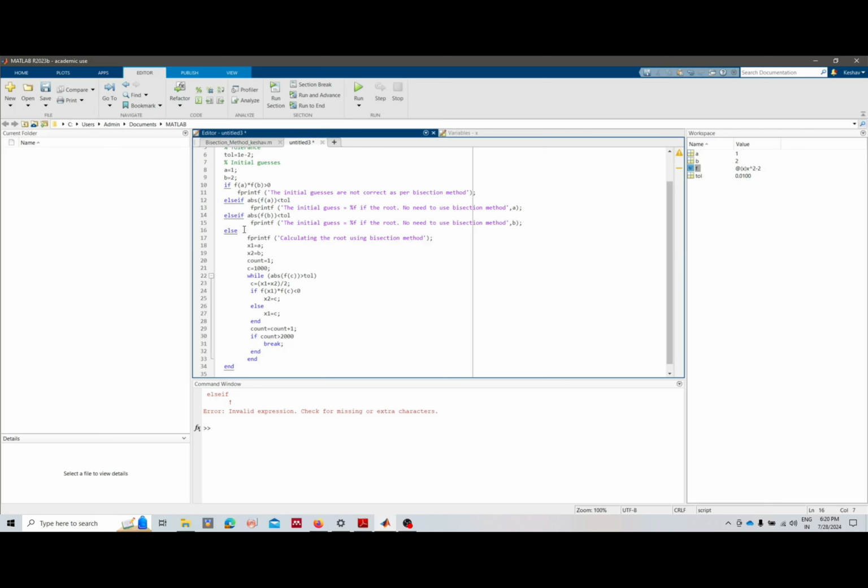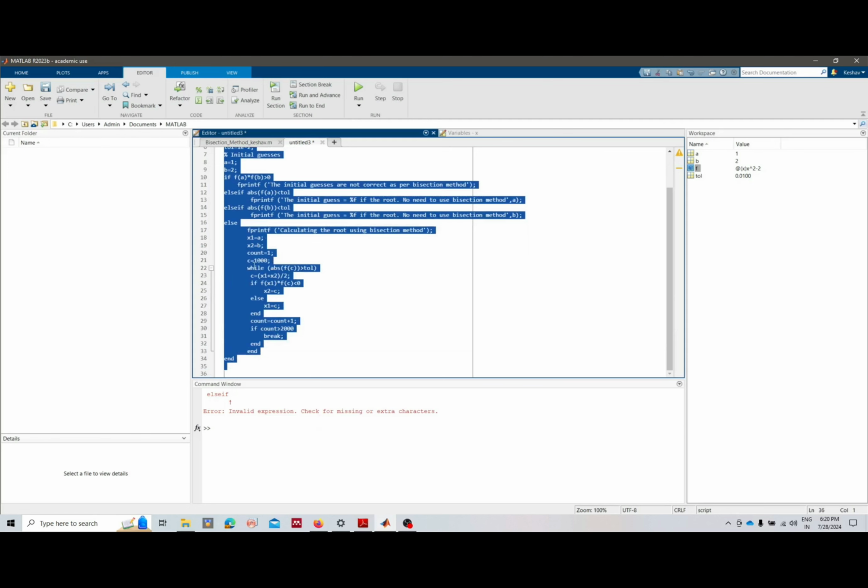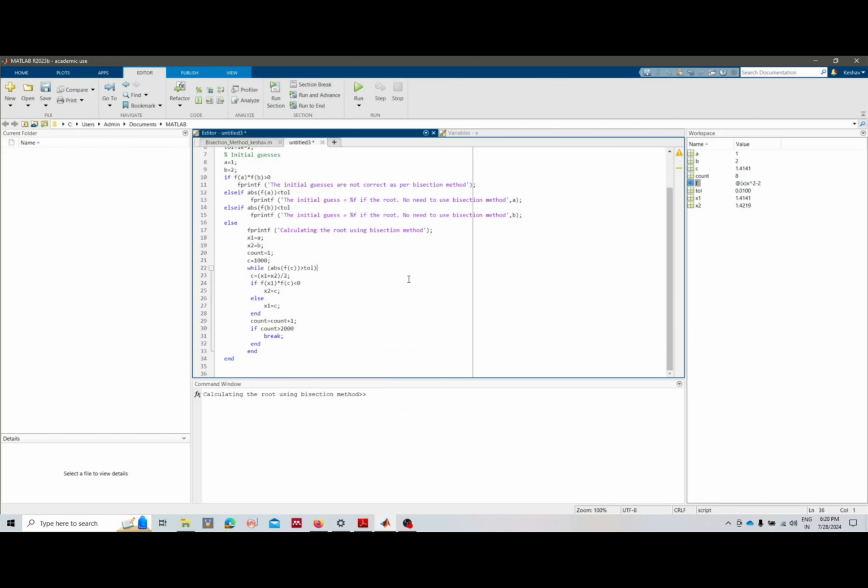It's the last case. So if I calculate it again, see, calculating the bisection method, and it has calculated the value.